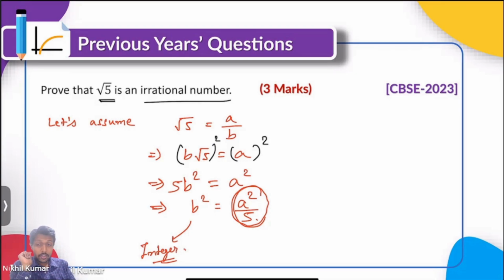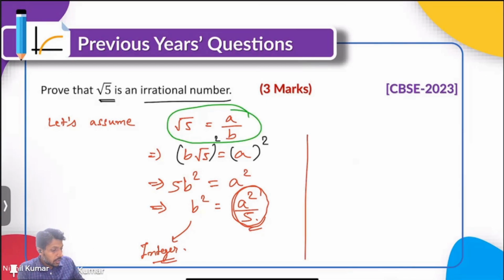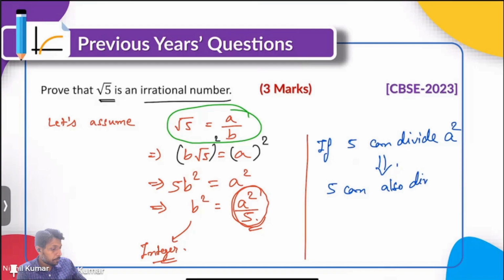Now remember the theorem that we studied, the first theorem under the heading irrational numbers. If 5 can divide a square, 5 is a prime number. So if a prime number can divide the square of any number, this means 5 can also divide a. This is what the theorem says.